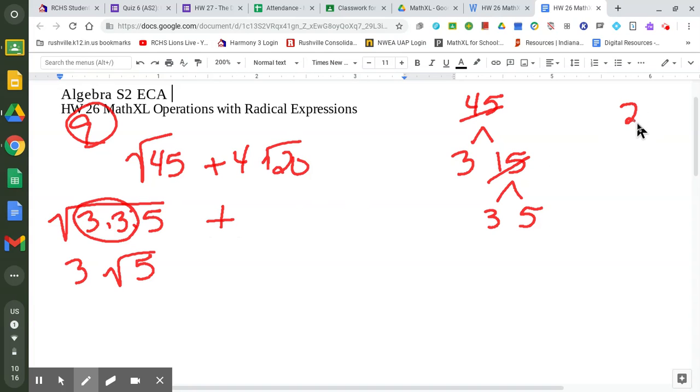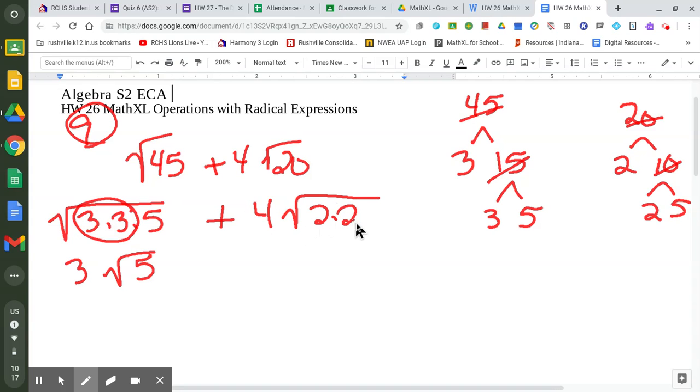We'll do the factor tree of 20. So that is, oh, and I have the 4 out there. So 4 square root of 2 times 2 times 5. So I have plus, I have the 4, and then I have to bring out a 2 and leave the 5.